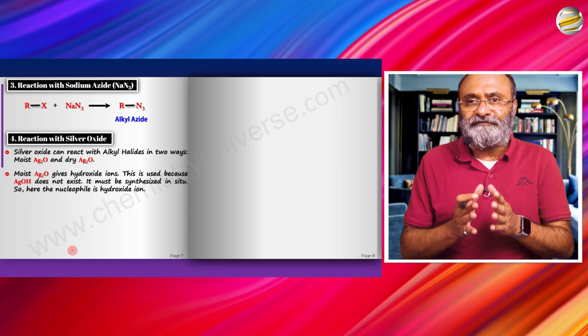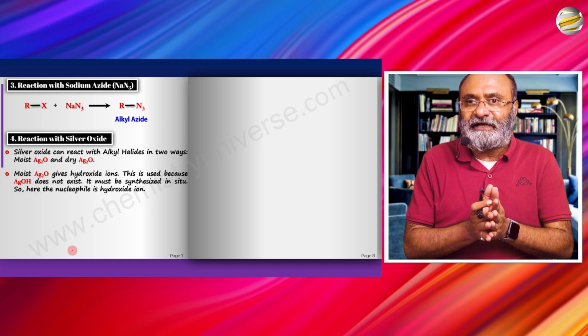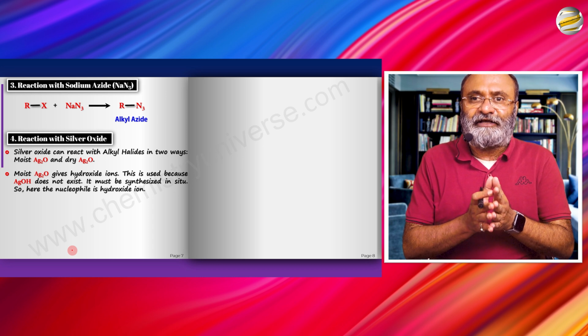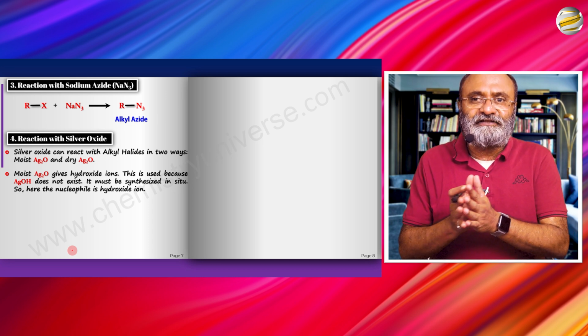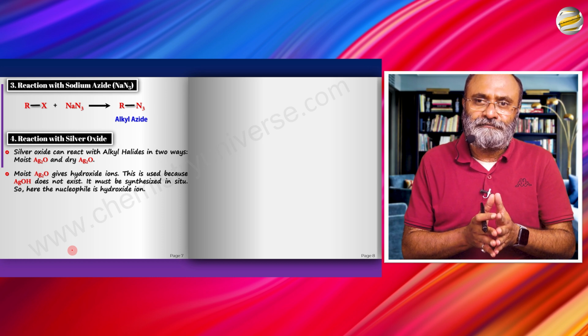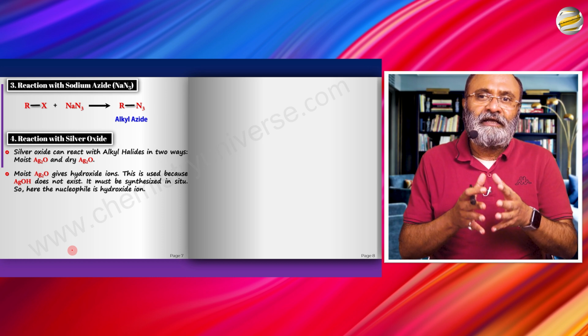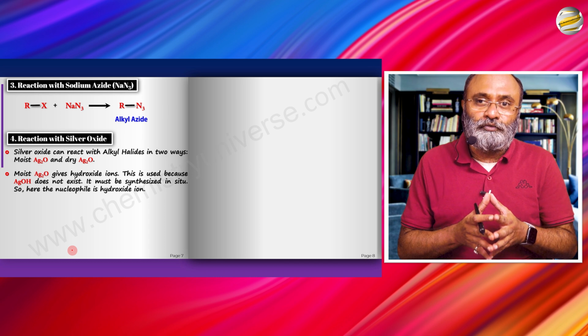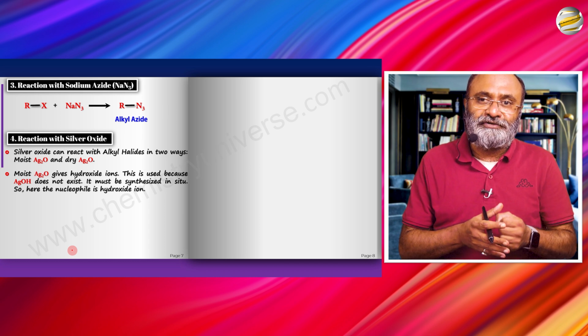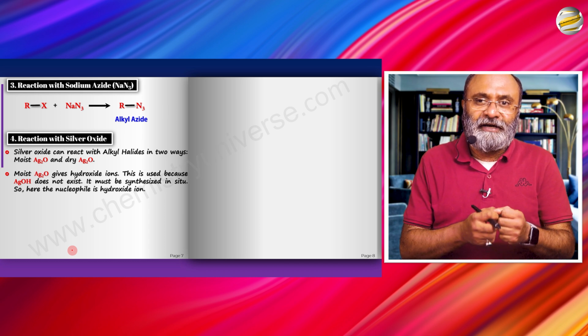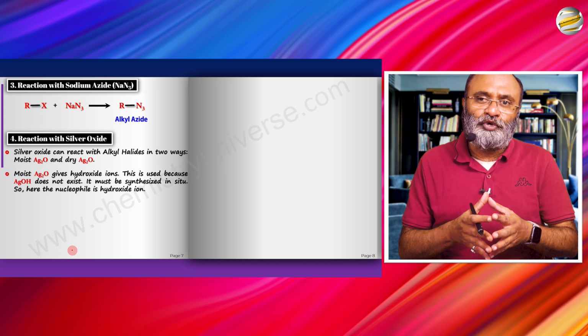This kind of a situation, whenever something is created during a reaction because it is unstable and cannot be stored, we call it prepared in situ. In situ means in the situation. So in the situation, it is prepared and then it is made to react. So AgOH is like that.